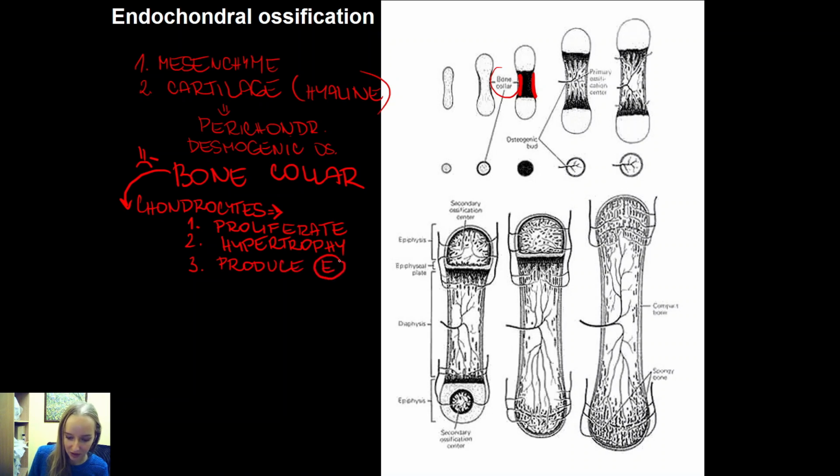They start to produce enzymes because they're like, oh my gosh, I need to do something right now. I'm dying, so enzymes outside of me. These guys are crazy, but what they really do is produce alkaline phosphatase. And alkaline phosphatase is important in the process of calcification. So what's happening?